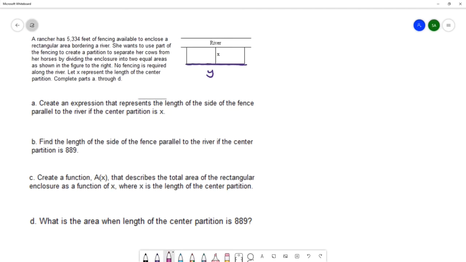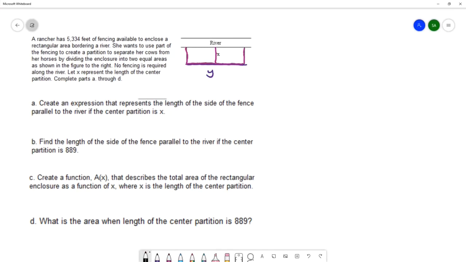So we're using these sides as well as the side parallel to the river, and we have this extra partition.